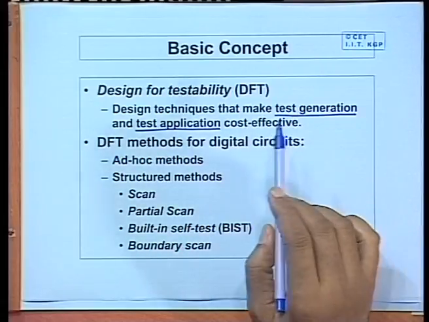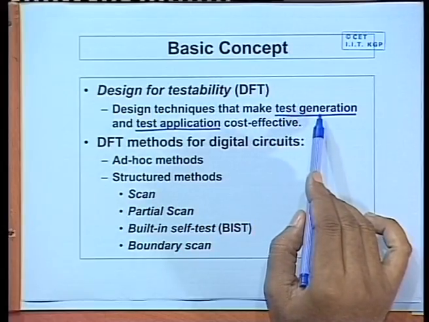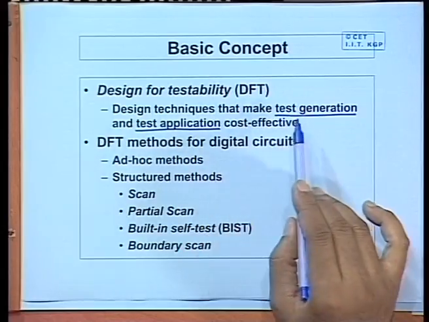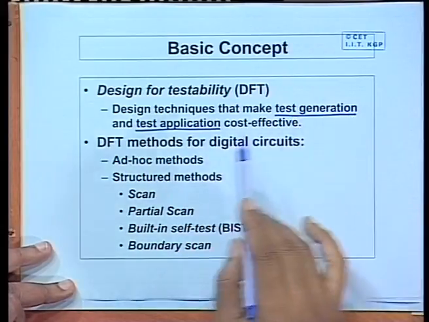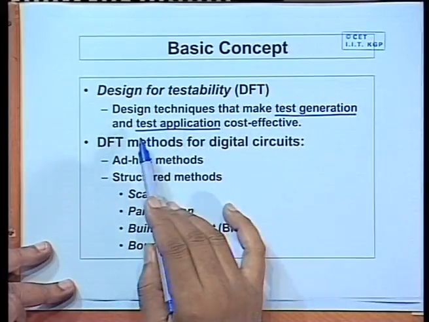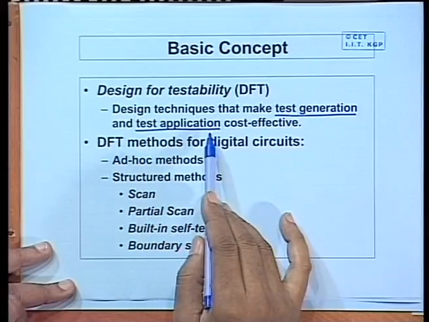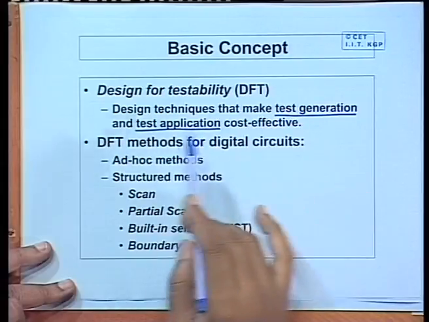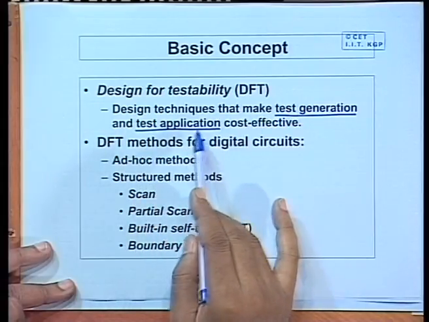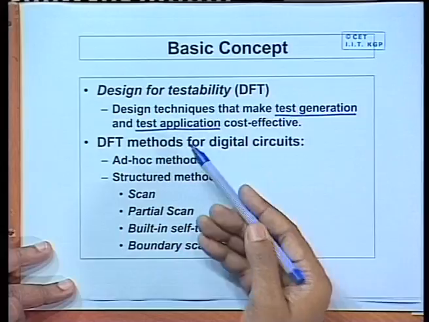So, when I say both test generation and test application, it means the complexity of the test generation process gets reduced and the total time of test application also we try to reduce. Of course, these two are contradictory. Sometimes we will see that test application time will go up, but in some other scheme again it will go down.